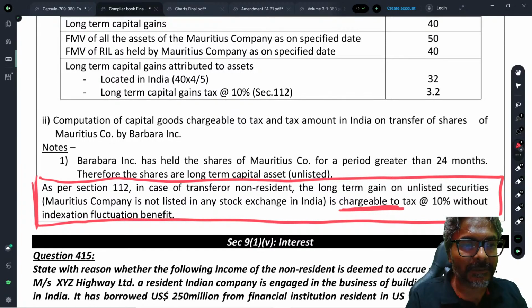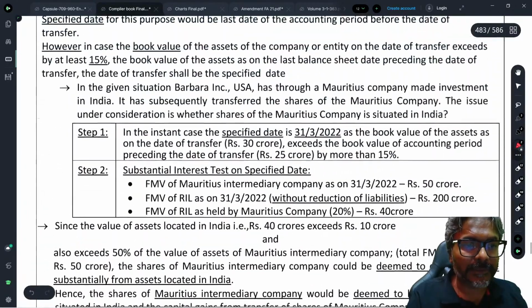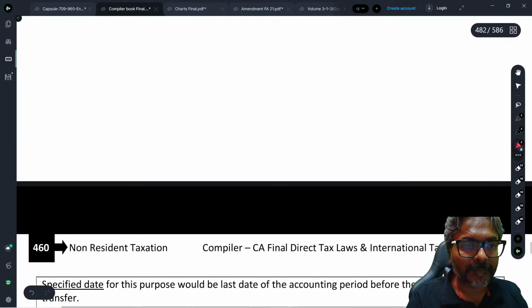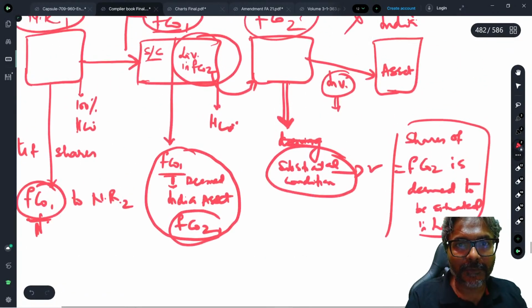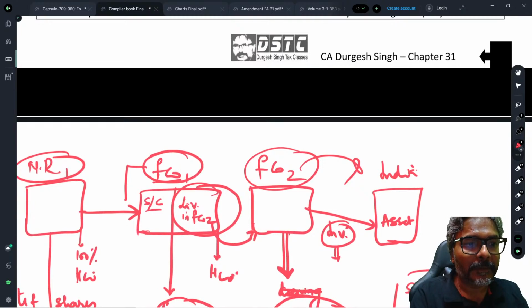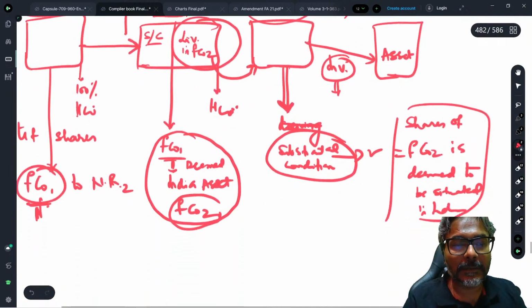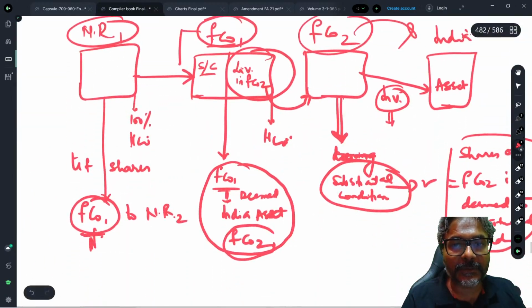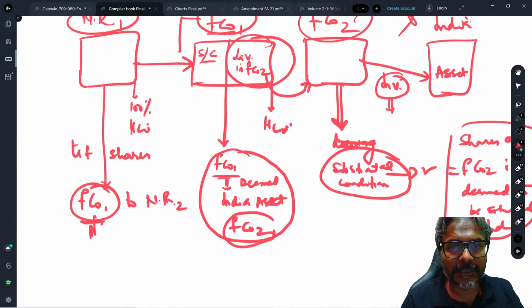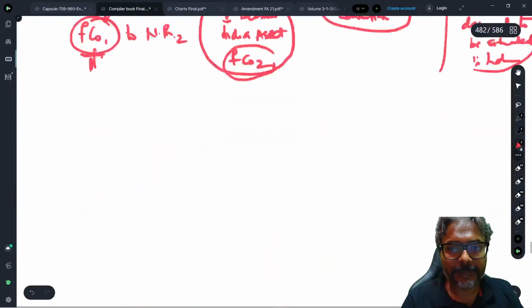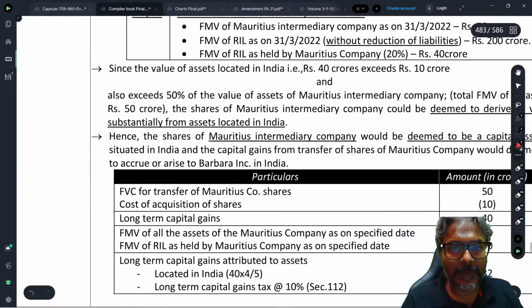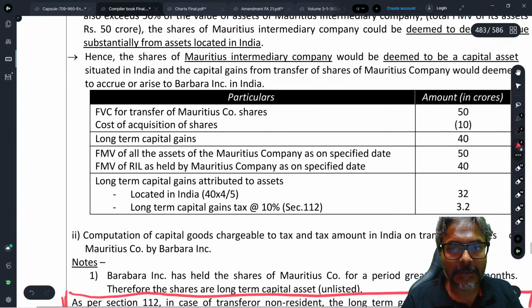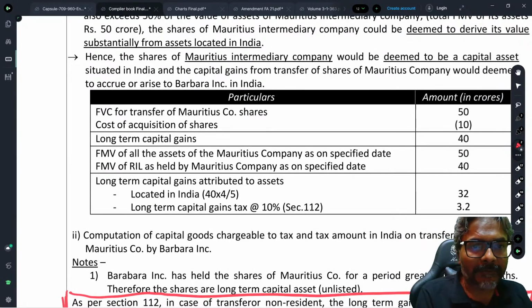So this is what it is in this context. Now, if you see over here, friends, in this context, have a look at this particular point.